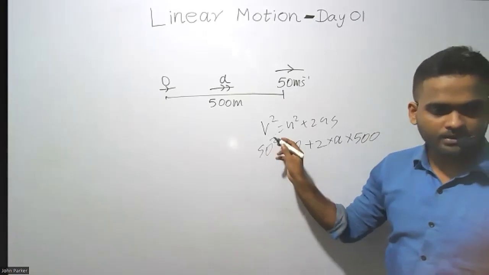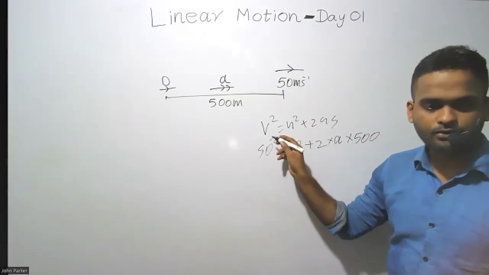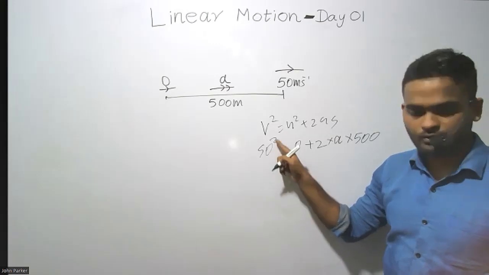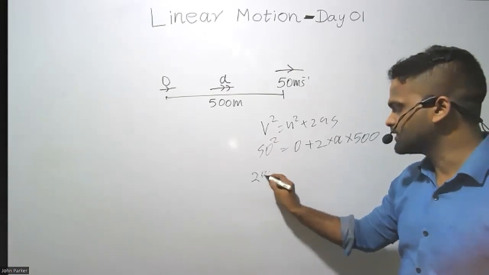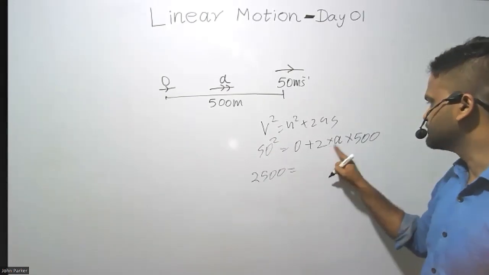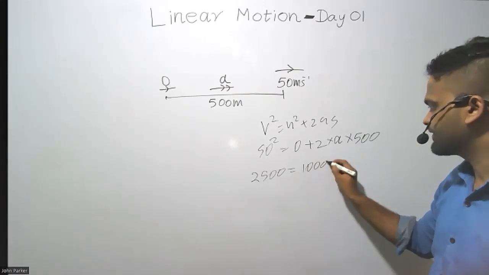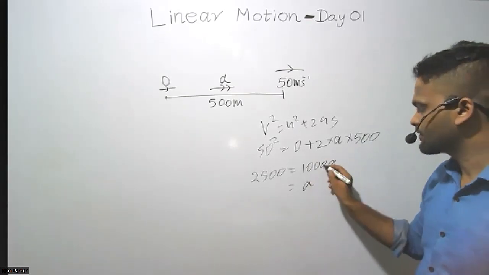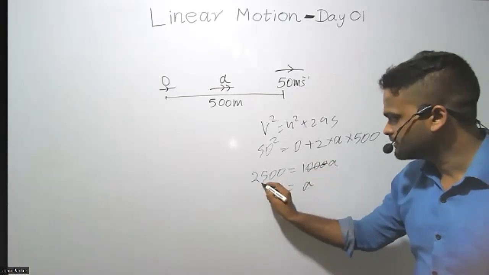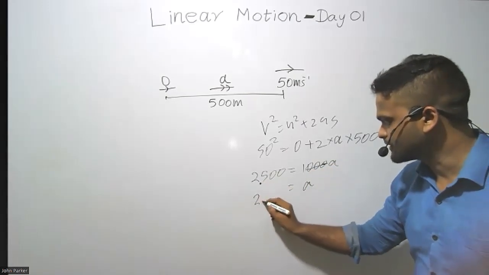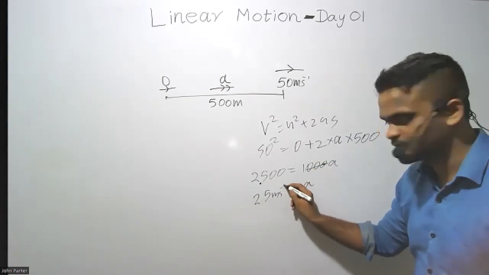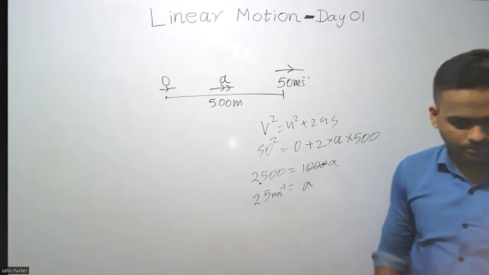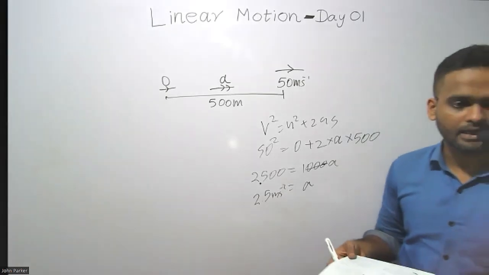So 50 squared means 5 squared 25, 25 times 100, right? So 2500 equals 2 times 500, 1000, 1000 a. Just divide both sides by 1000. So you can have 2.5 meters per square second. Yeah, correct, 2.5. Third one is the correct answer.